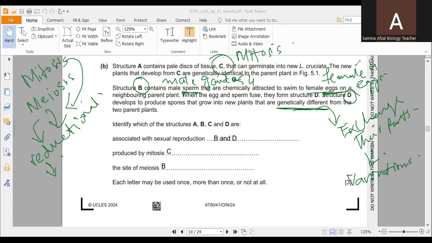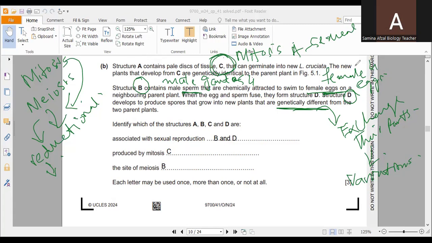Now, what they have asked: identify which of the structures A, B, C, and D are associated with sexual reproduction. C was associated with mitosis, which is asexual reproduction, because all daughter cells produced as a result of mitosis will be genetically identical.